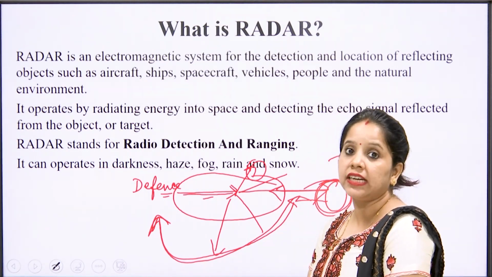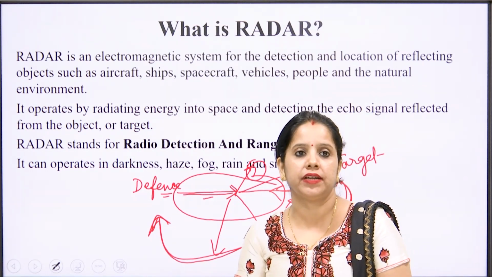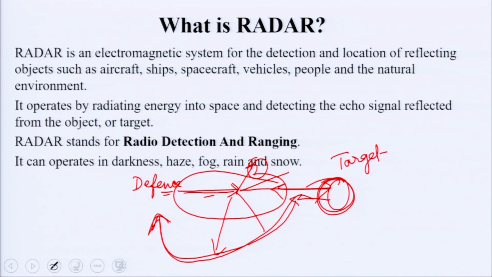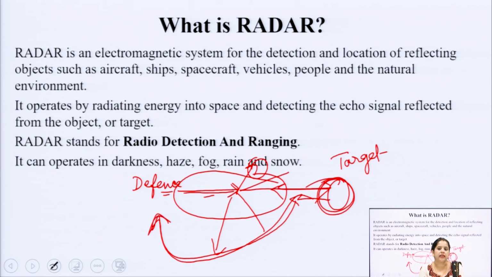So we can see that radar plays a very important role in defense, because on the basis of that, defense officials are able to detect any unwanted substance, any unwanted particle, any unwanted components in the range where no one is allowed to appear.